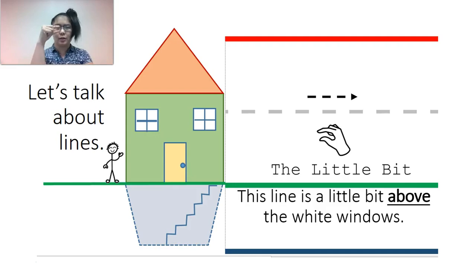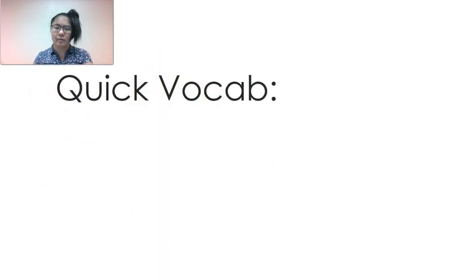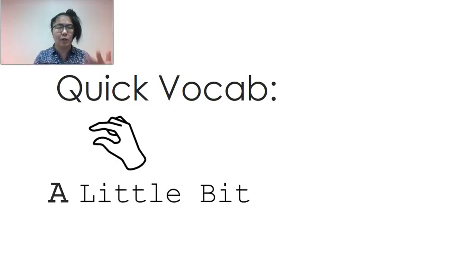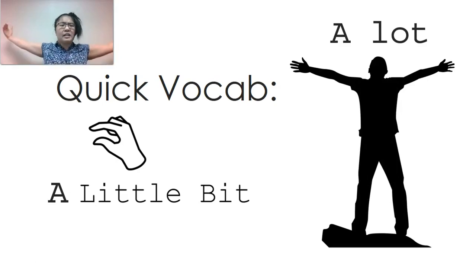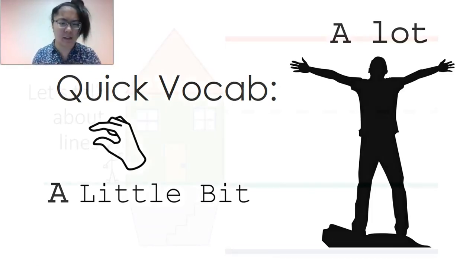We usually use this symbol, little bit, muy poquito. So, quick vocabulary lesson or bonus words. This is a little bit, and this is a lot. We say a lot. We don't say a lottle bit. Sometimes if you want to be funny, you can, but it's usually little bit, and a lot. A whole lot of this, a whole lot of that, but a little bit of this.